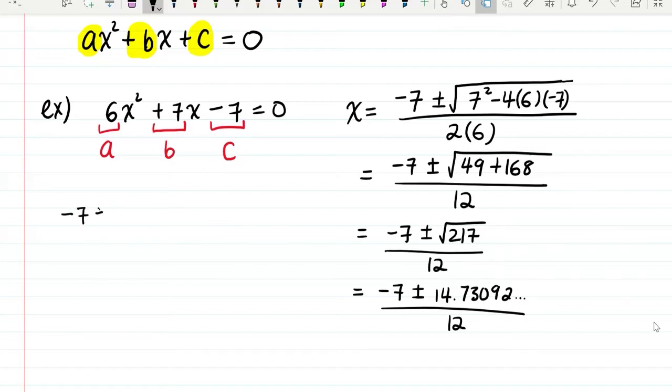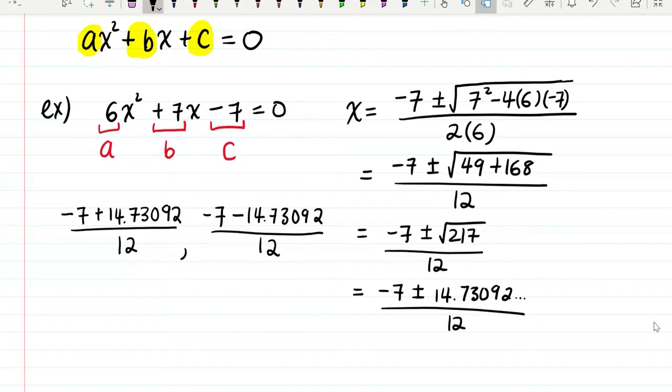The first one will be negative 7 plus 14.73092, divided by 12, and the other one is negative 7 minus 14.73092, divided by 12. The first one is negative 7 plus 14.73092 divided by 12, that's 0.7724, and the other one is negative 7 minus 14.73092 divided by 12, that's negative 1.81091. Okay, so these two numbers are approximate.